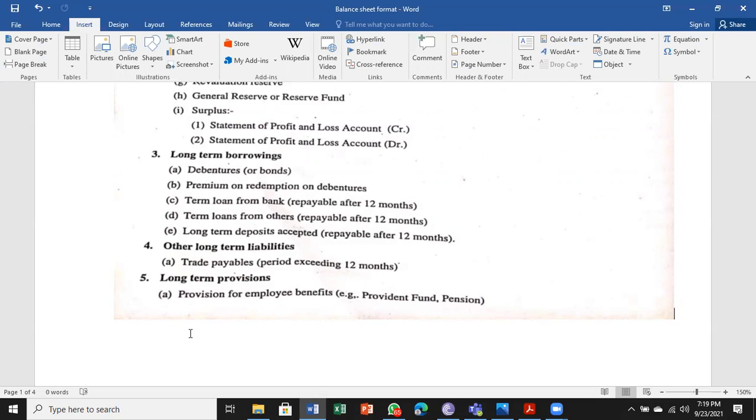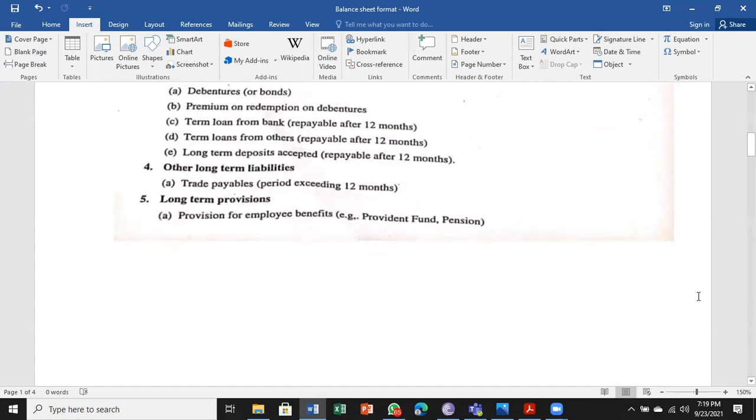Then long-term deposits, like banks receive fixed deposits from the public, even companies can receive fixed deposits from the public, that is you and me. Public means general people. That is called long-term deposits. On whichever amount they have to pay interest, they are all called long-term borrowings, which have a time of more than 12 months to pay.